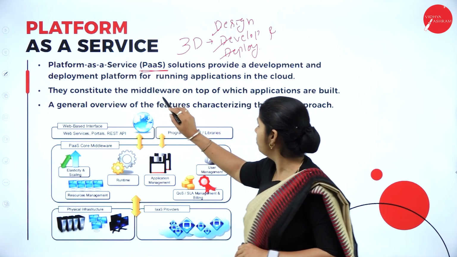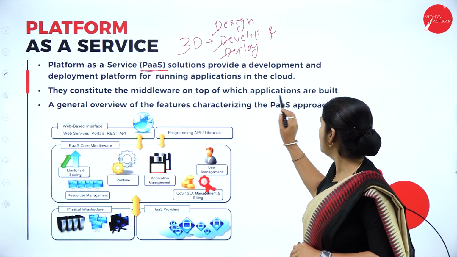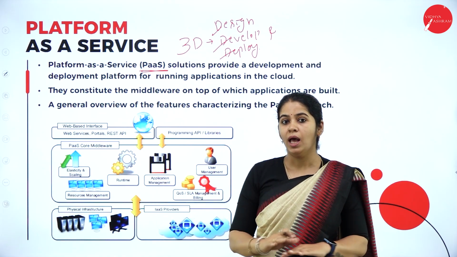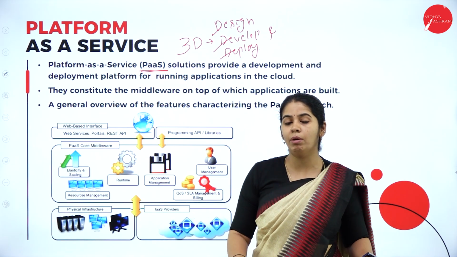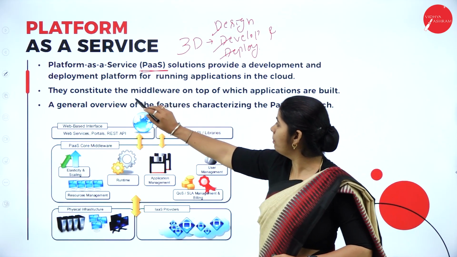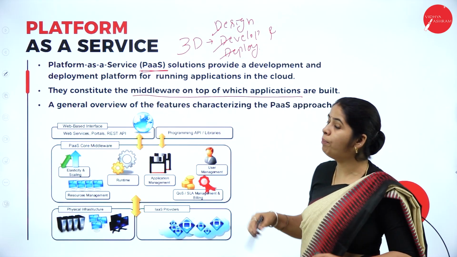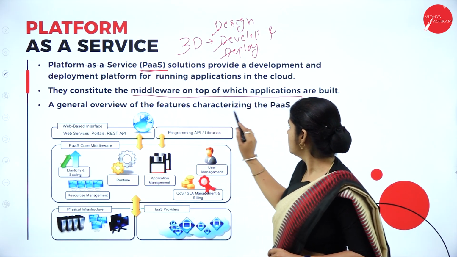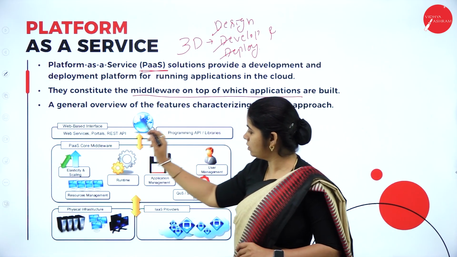They constitute the middleware on the top of which the applications are built. It provides a platform. As I told you, it provides you a table to have your food. That it constitutes the middleware on the top of which applications can be built. A general overview of the features characterizing the PaaS approach. This is general.